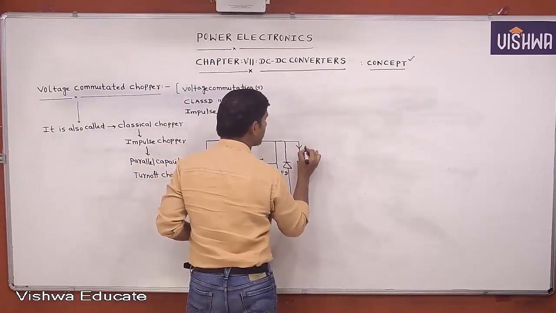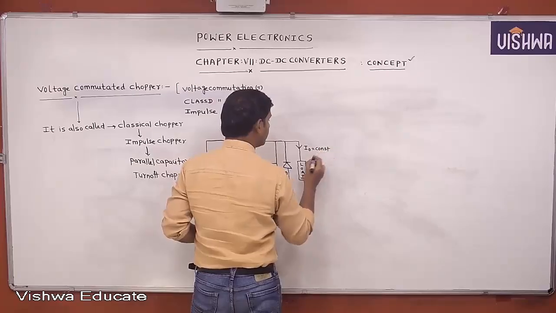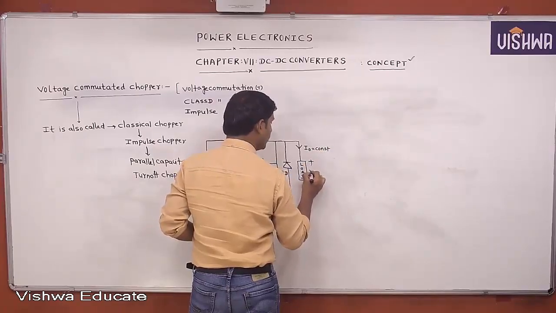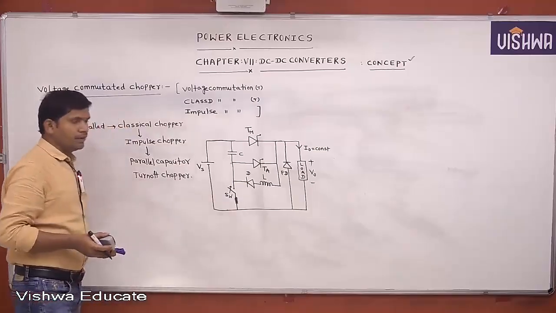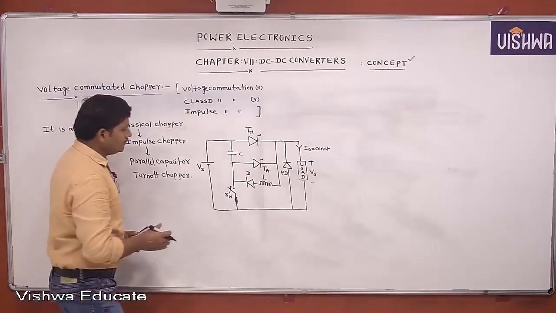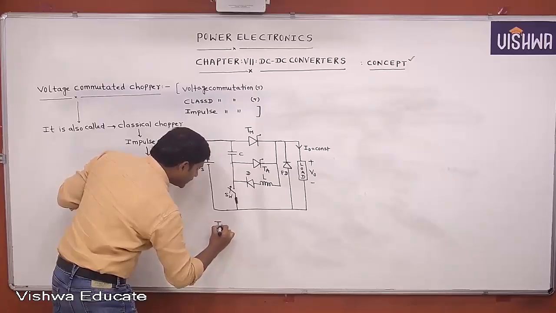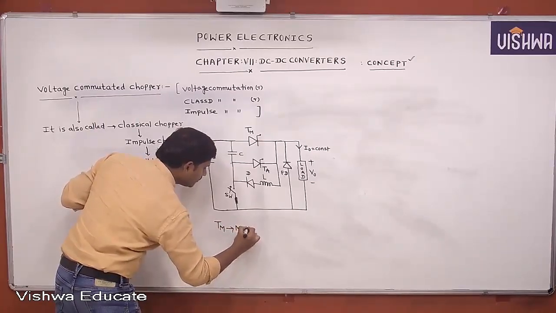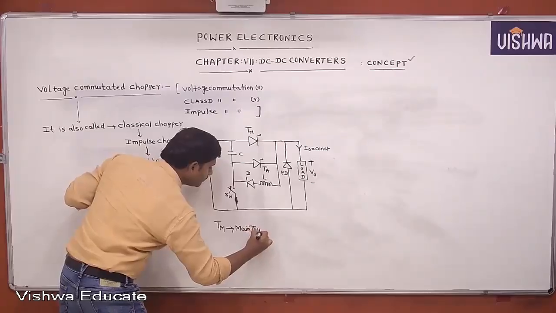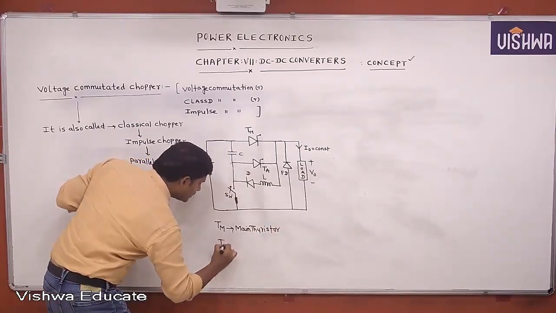The I naught is constant. Positive, negative V naught. Where Tm is the main thyristor and Ta is the auxiliary thyristor.